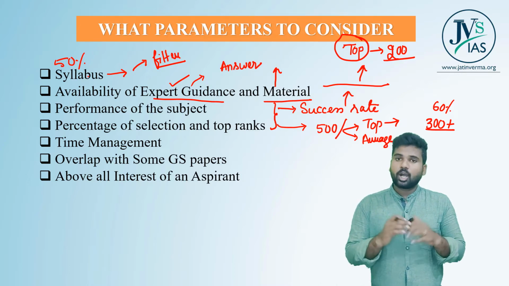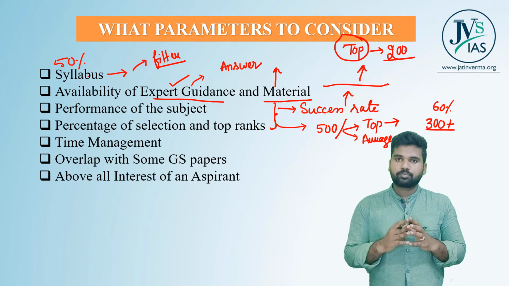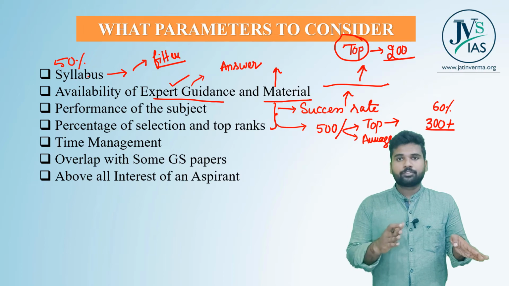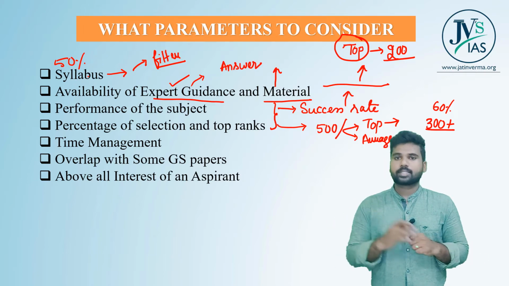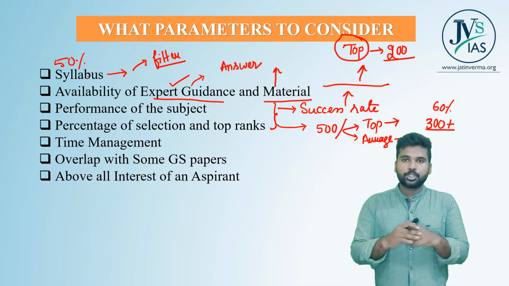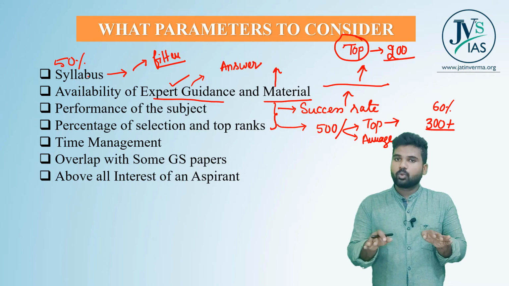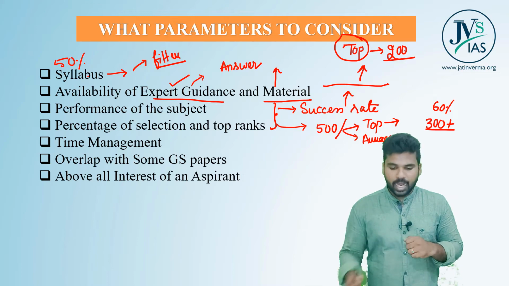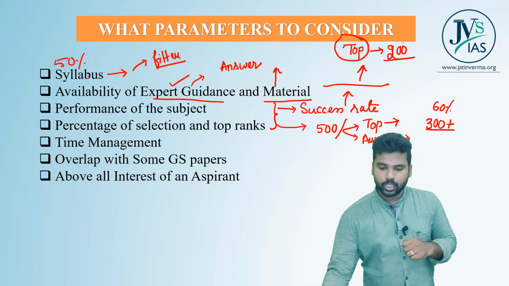That is, how well you can manage your time while taking care of the optional, and at the same time putting emphasis on GS papers and the essay paper. So how well you can distribute your time equally between GS subjects, essay and optional will be revealed by looking at this.